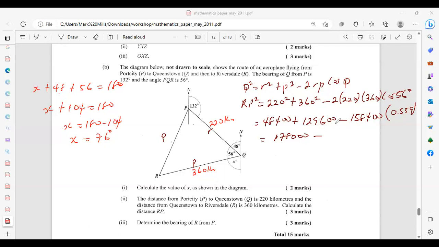No, we are not finding the angle. In the next question, you would have come up with that.